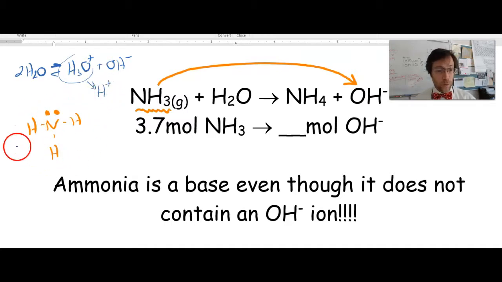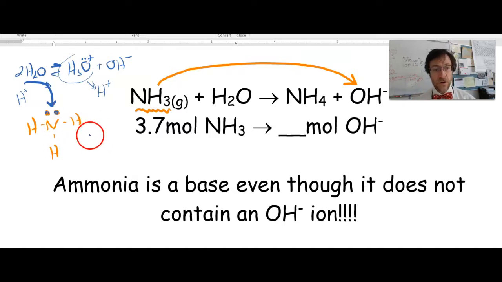Since it's right next to a nitrogen, instead of embedding itself into the unpaired electrons of the oxygen, it embeds itself inside the two unpaired electrons of the nitrogen, forming a coordinate covalent bond.